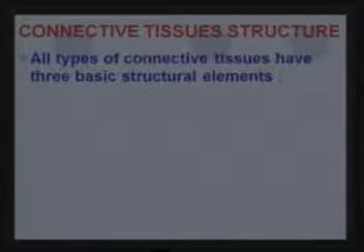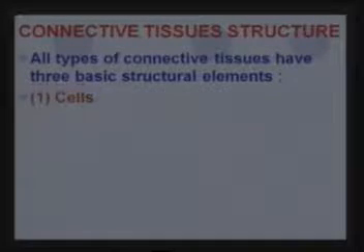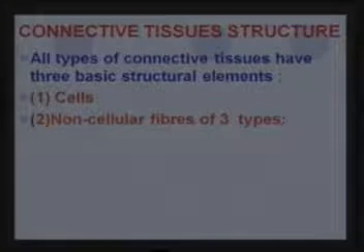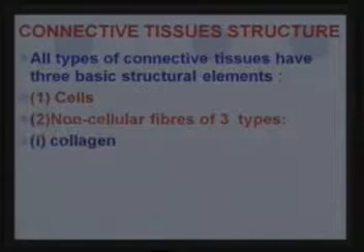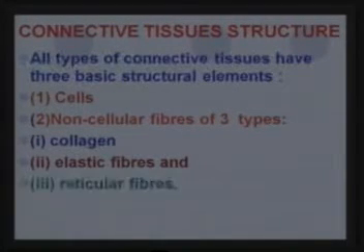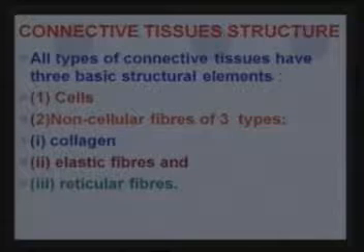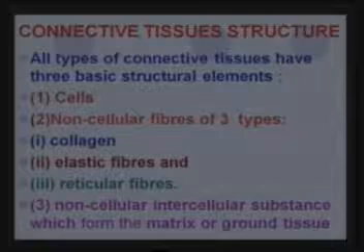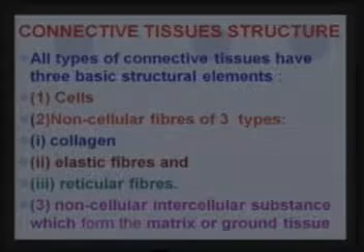Now, why are these diverse things known as connective tissue? All the connective tissues have 3 basic elements. They have cells, and they have non-cellular fibers, which are of 3 types: the collagens, the elastic fibers, and the reticular fibers. All these are present in a non-cellular matrix, which forms the ground substance.